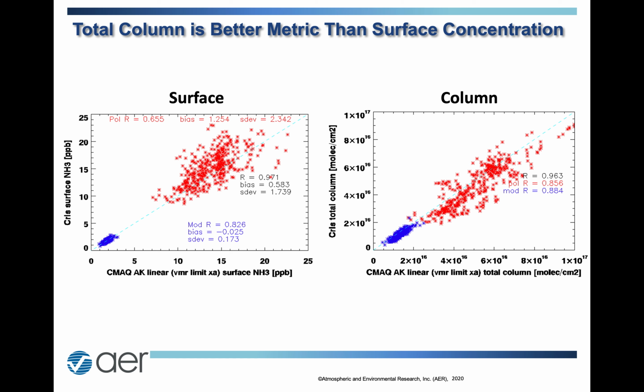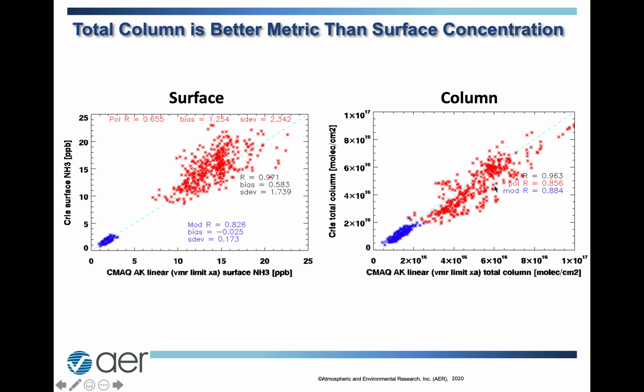What this closure study found was that the column is actually a better metric, because we were getting a gap when using the surface concentration, where CrIS was not able to fully resolve the whole spectrum of both modeled and observed ammonia concentrations. When the a priori profile was moderately polluted, it was clumping the values toward lower concentrations, and when the a priori was a polluted profile, it was clumping them toward higher values.